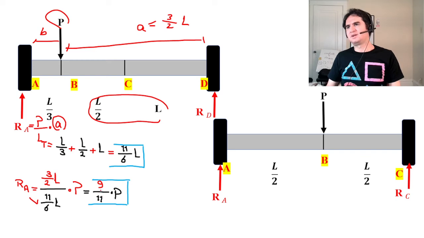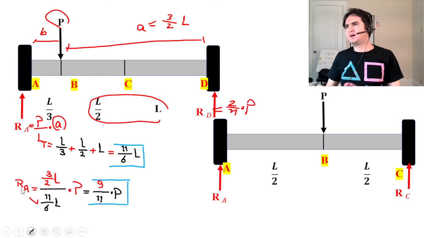That gives us the reaction Ra as 9 divided by 11 times P. If that goes by that amount, the total is 11 over 11, so this is 2 over 11 times the force.